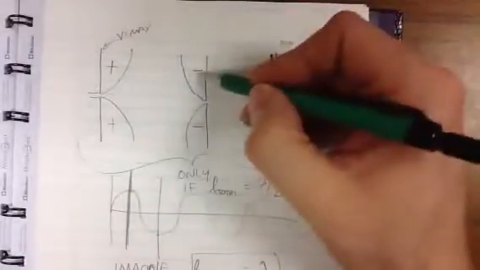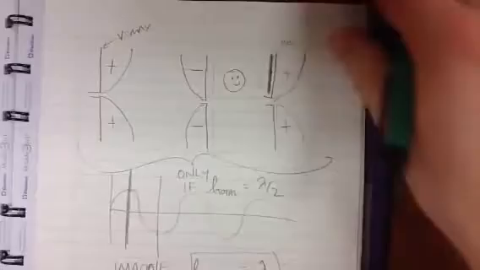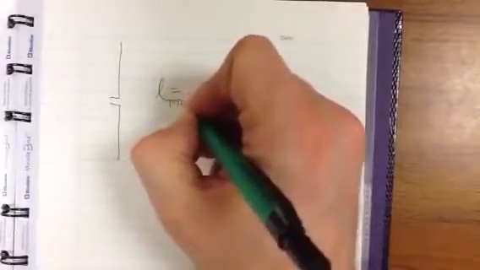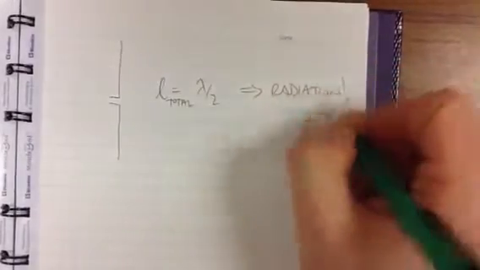But if we go back up here, if it's a quarter wavelength here and a quarter wavelength here, total length half wavelength, these are always the same. There will be radiation. To review, total length of a half wavelength: radiation.